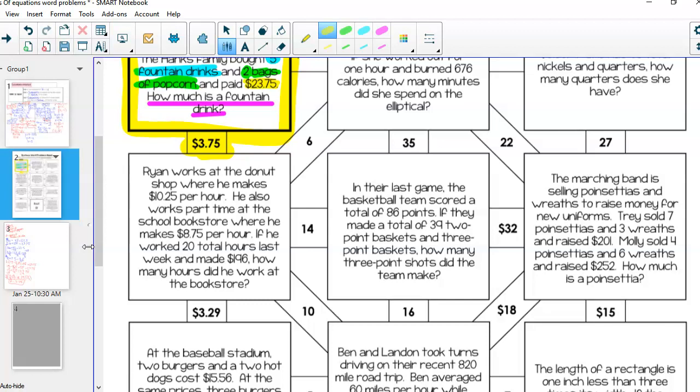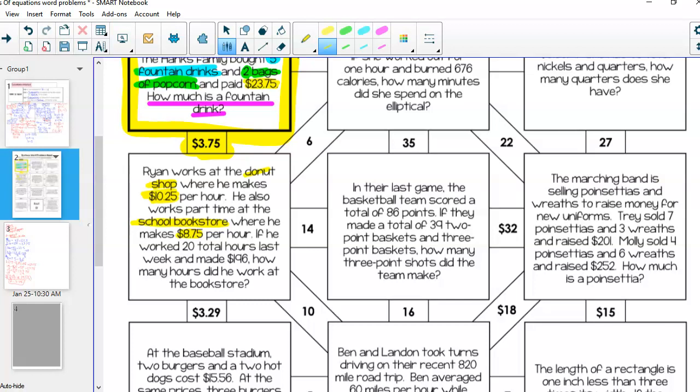What's important? The how much he makes. I guess it doesn't really matter which color I do. I was trying to be consistent. So $10.25 at the donut shop, $8.75 at the school bookstore. What else is important?